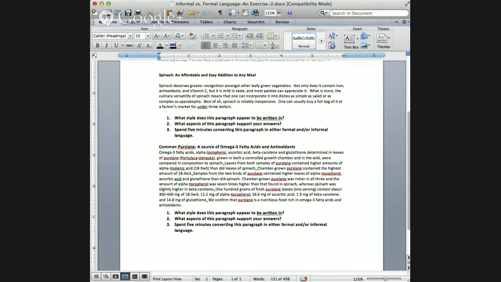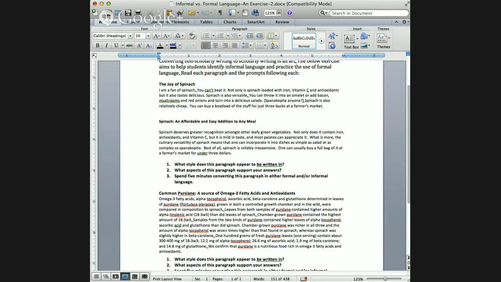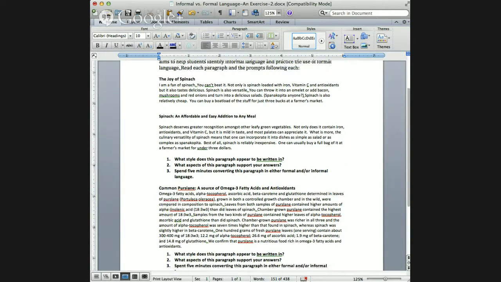To continue, what is more, the culinary versatility of spinach means that one can incorporate it into dishes as simple as salad or as complex as spanakopita. So here I'm saying one instead of you. And instead of having that question of like spanakopita, anyone? I tried to set it up as a contrast between simple dishes and more complex ones, but with the idea that spinach is versatile and can be used in either.